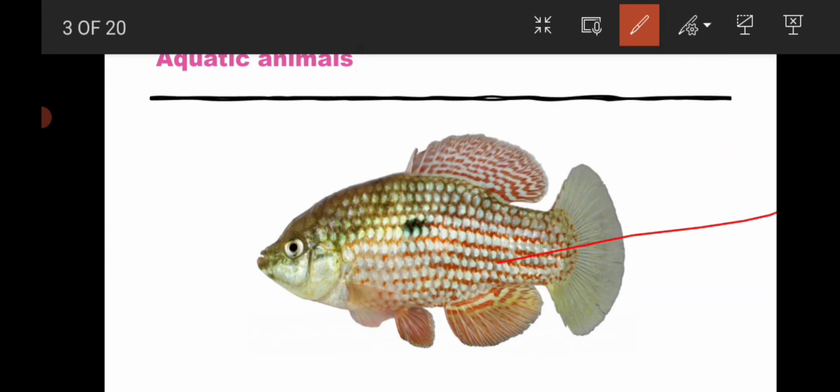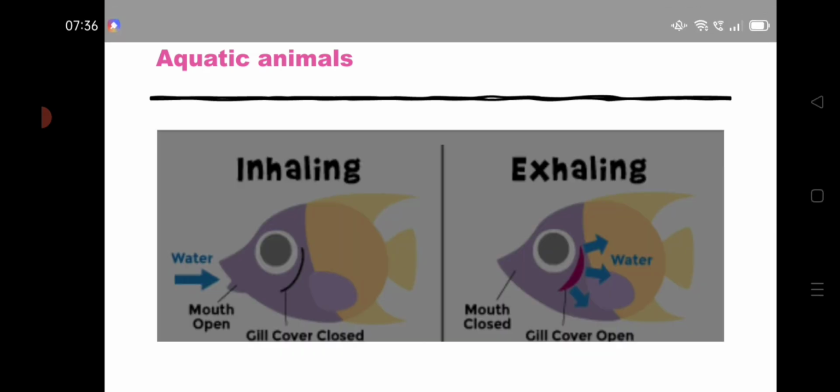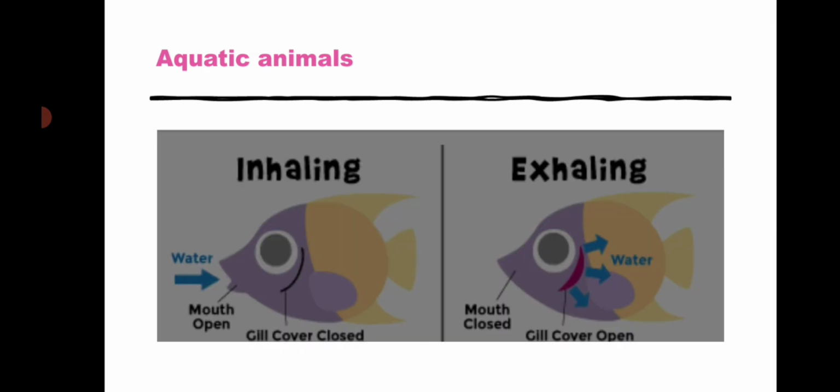Next, coming to the next slide, here you can see how a fish inhales and exhales. While inhaling, the fish keeps its mouth open and you can see here the gills are closed. In this water, the fish separates the dissolved oxygen and it can utilize the oxygen for breathing.